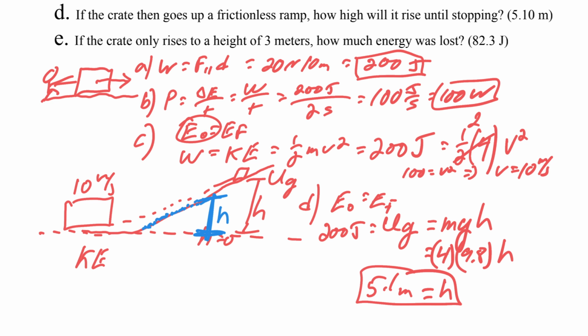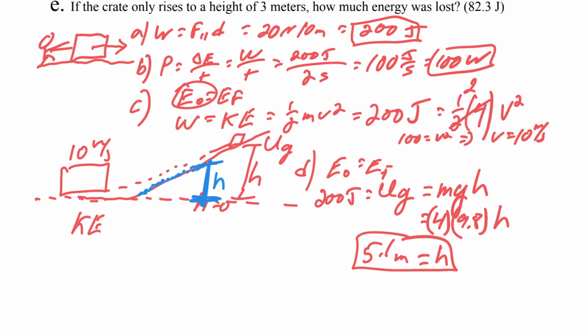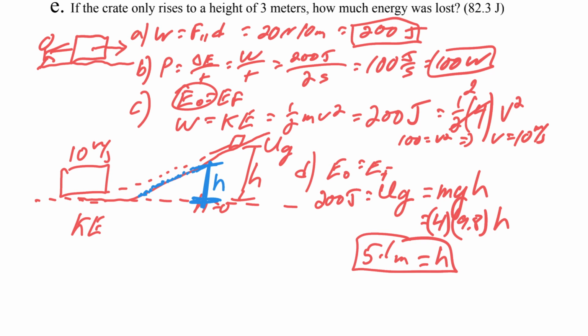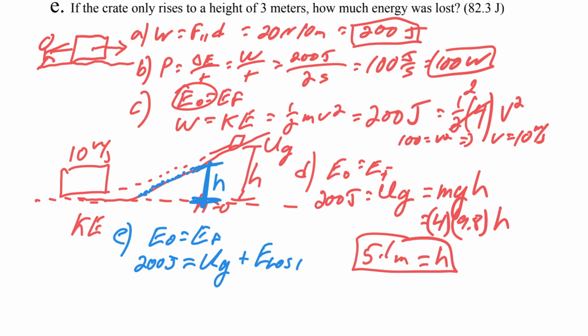To solve this, we're just going to use the same concept, conservation of energy. E initial equals E final. Again, our E initial, we already know. Once you solve it, you can stick with that, 200 joules. So we're going to have mgh, some Ug here. It still goes up, but we're also going to have some energy that we'll call energy lost.